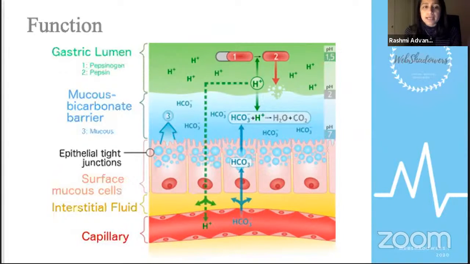One of them is that it creates a physical barrier for all the acid that's in the gastric lumen, and prevents it from reaching the cells on the bottom, because the acid in the lumen is meant to digest the food, but that acid can be extremely corrosive to the cells underneath. So there's a mucus layer that separates the two.